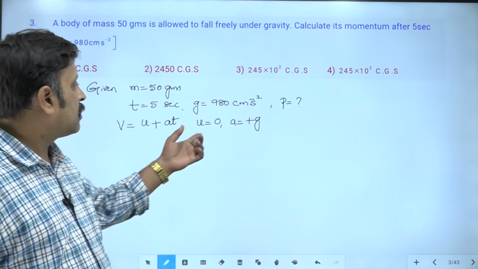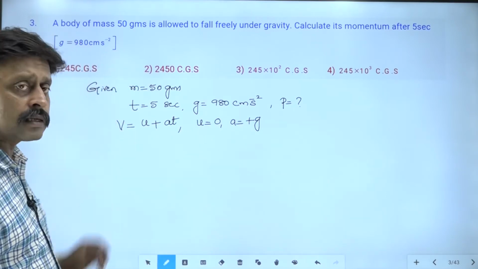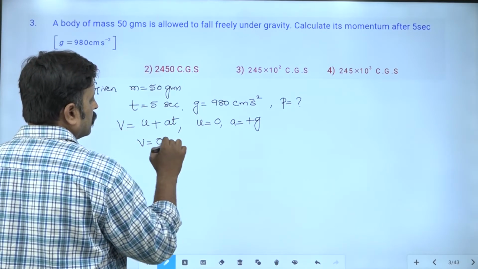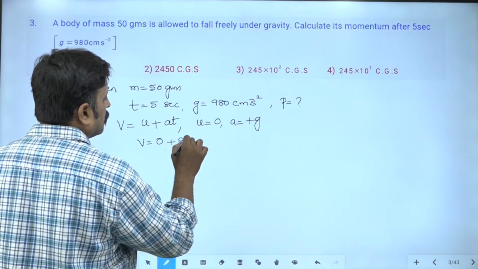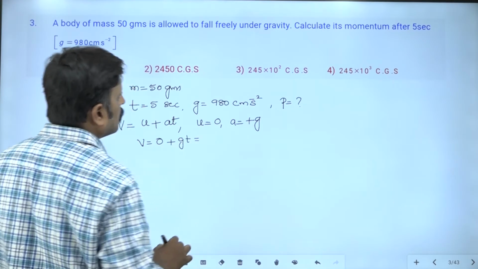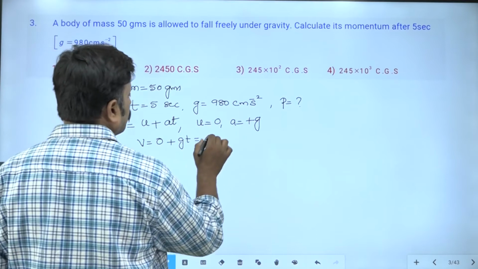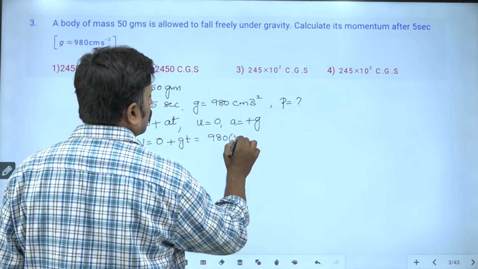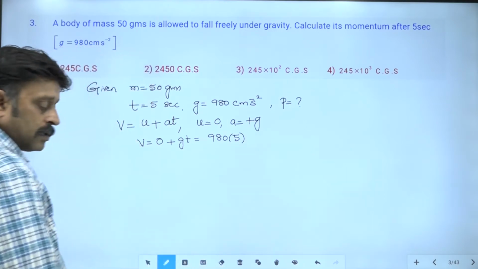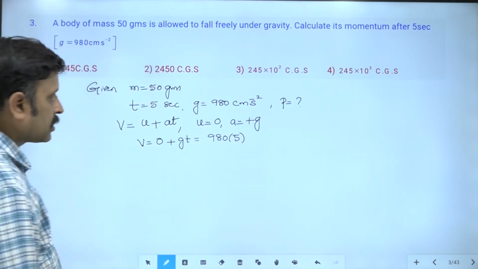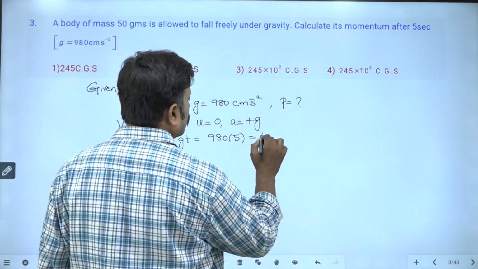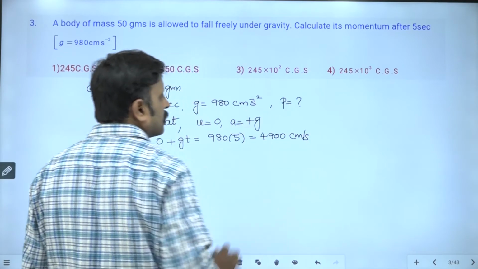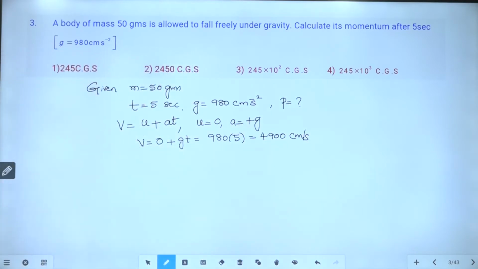You apply this in this equation and find the velocity. v is equal to 0 plus g into t. That is 0 plus g is how much? 980 into time is 5 seconds. Okay. This is 4,900 centimeter per second. I got velocity.